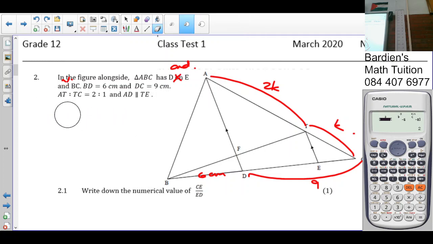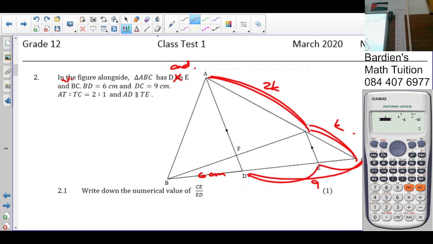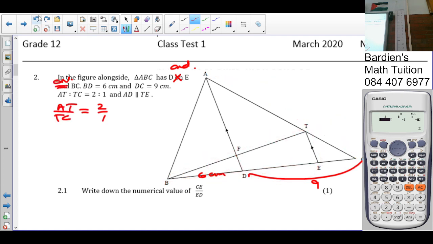So if these lines are parallel, what do we know? We know that AT over TC is equal to DE over EC. And going this way as well, in this triangle, that over this will be this here over that. Okay? And all these variations that go with it as well.